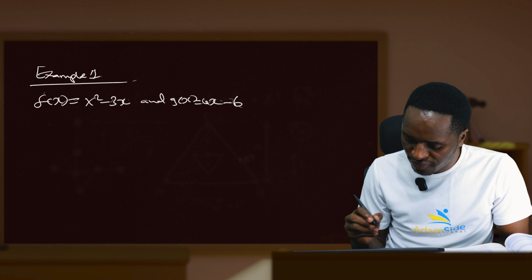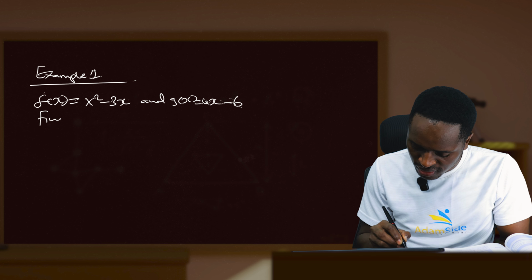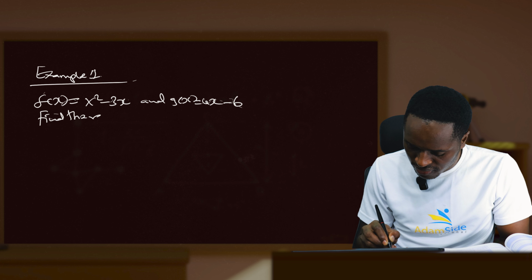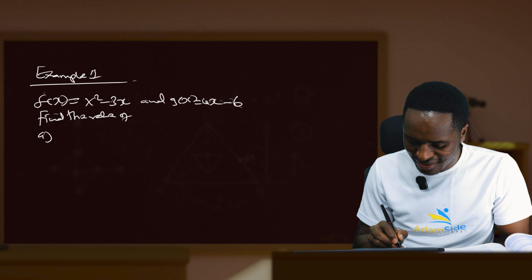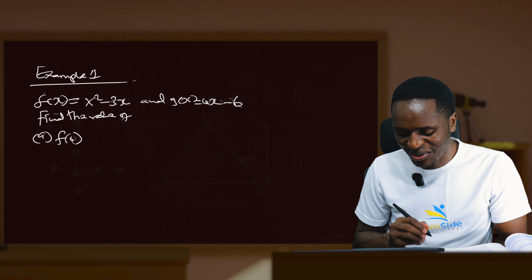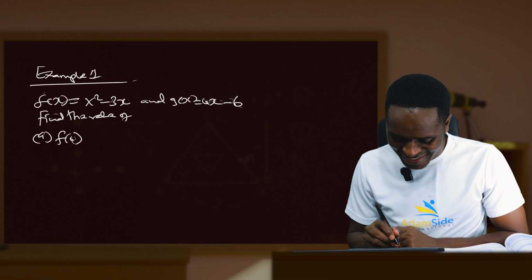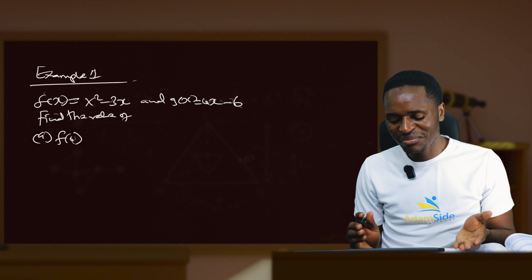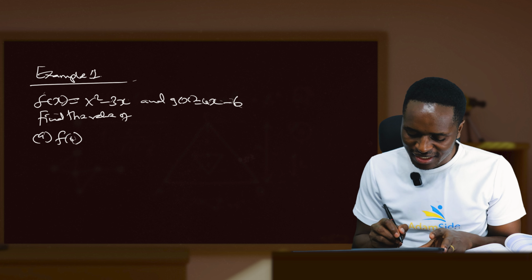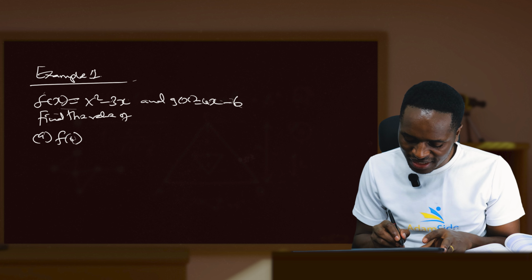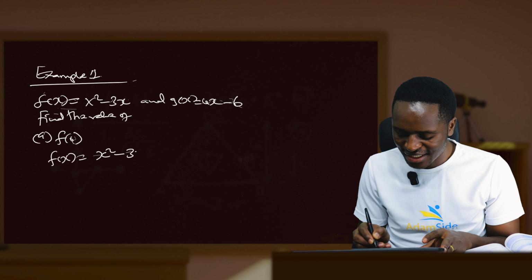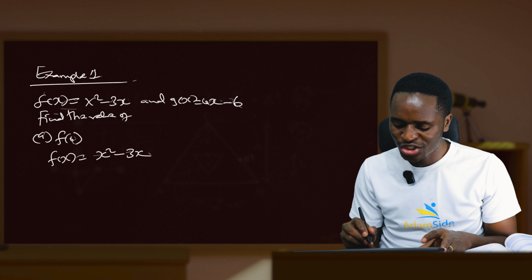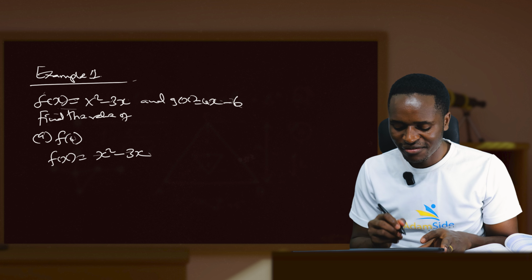Find the value of f6. This is simple. Now, what do they mean? They say f of x is equal to x squared minus 3x, and g of x is 4x minus 6. Find the value of f6.